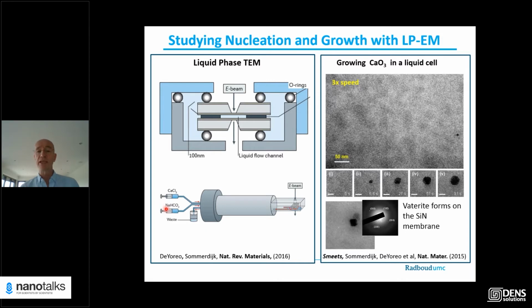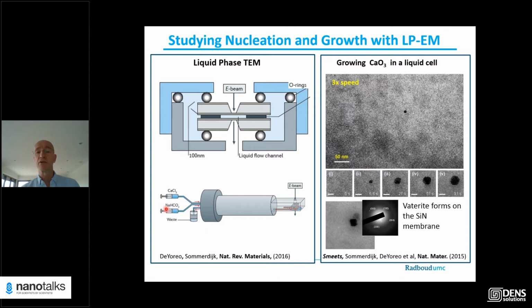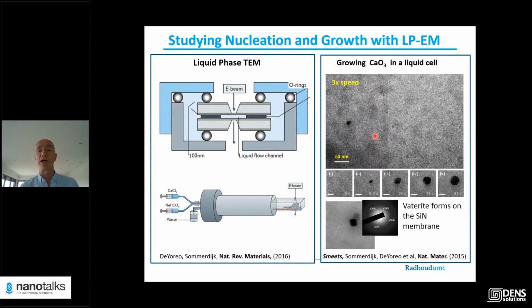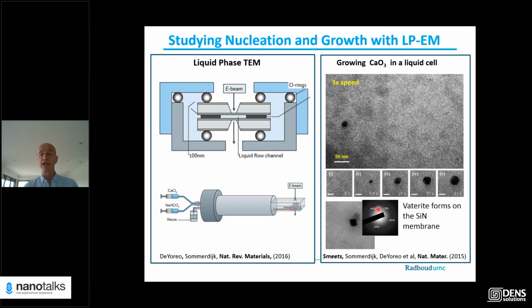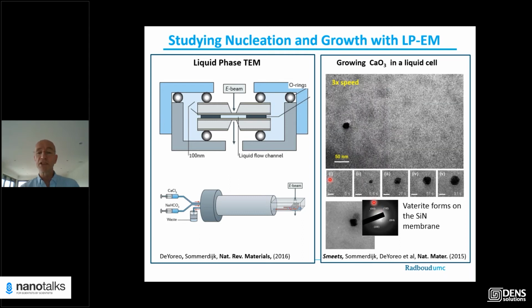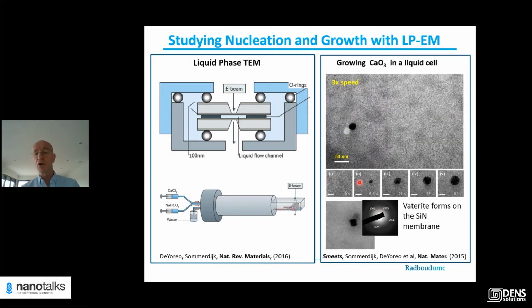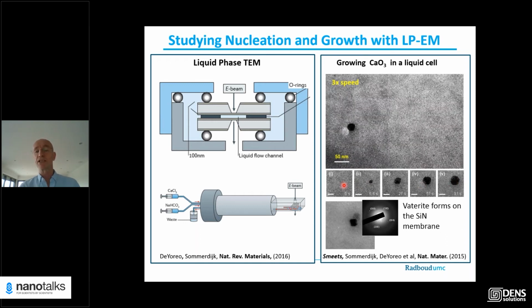And if we did that, we could indeed see the growth of calcium carbonate particles, in this case vaterite, as we could see from the electron diffraction pattern. And we could see the calcium carbonate particle growing in less than minutes, from maybe 2-3 nanometers up to 20 nanometers in size.